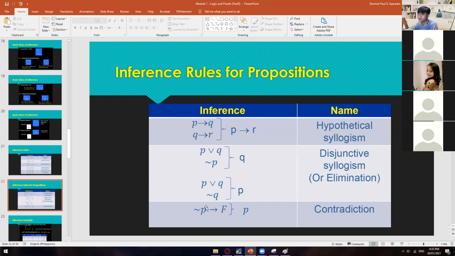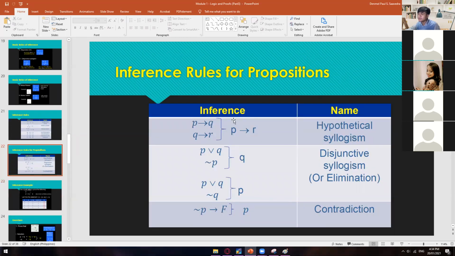Sorry, this one is actually modus tollens. If we have a false conclusion, we have to negate the hypothesis. That is why we have here a positive P, which we call contradiction.